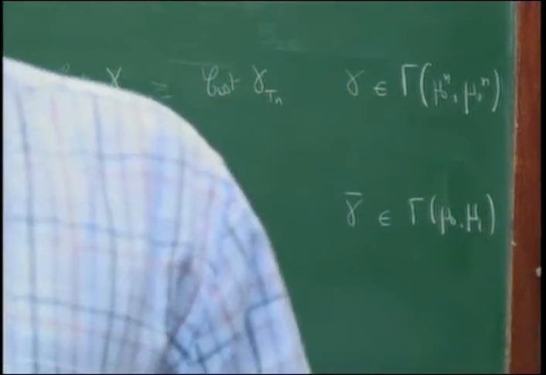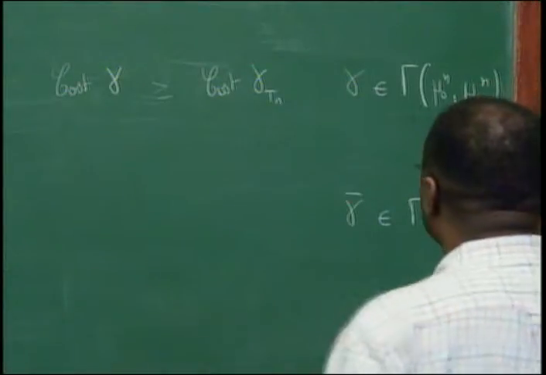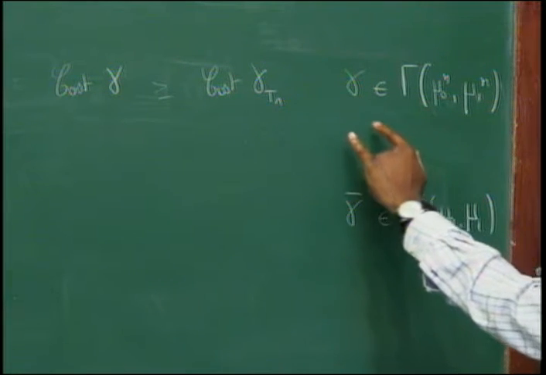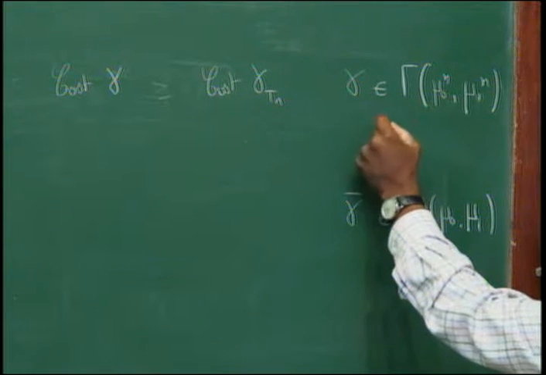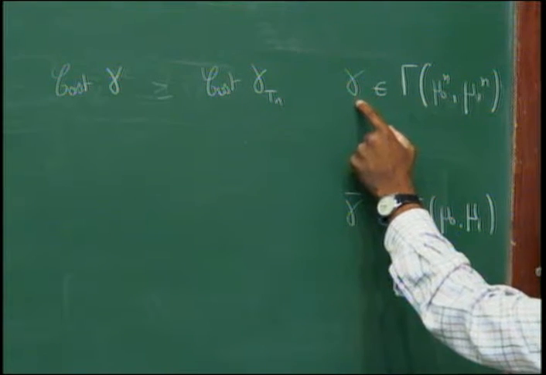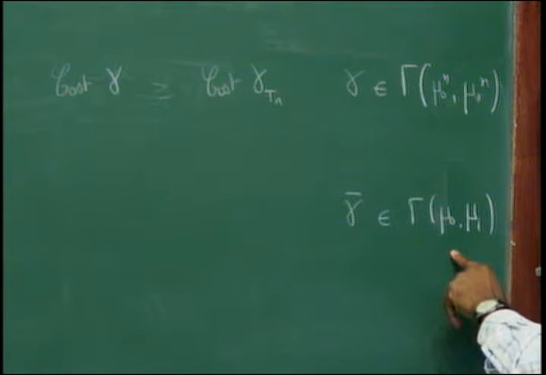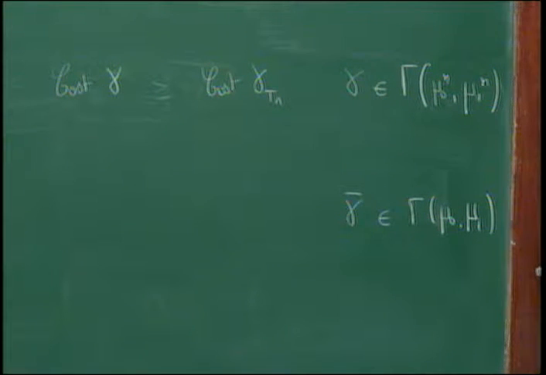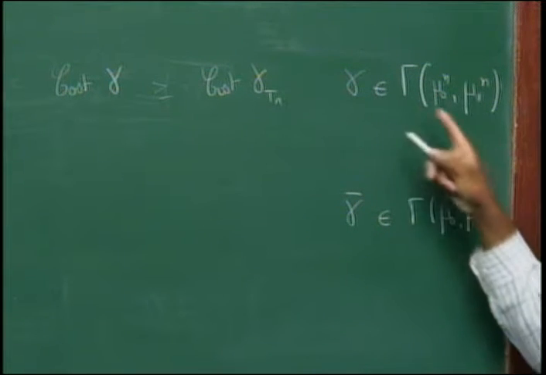If I want to do that, I need to do something from measure theory telling me that when I have my gamma here, I can modify it to have another gamma bar, which is close to this one, and which satisfies that property. So again, I am minimizing on two different sets, this set and that set.